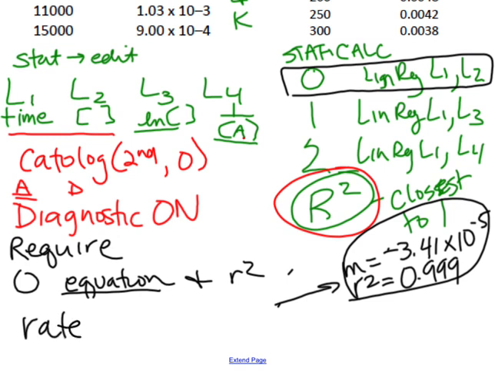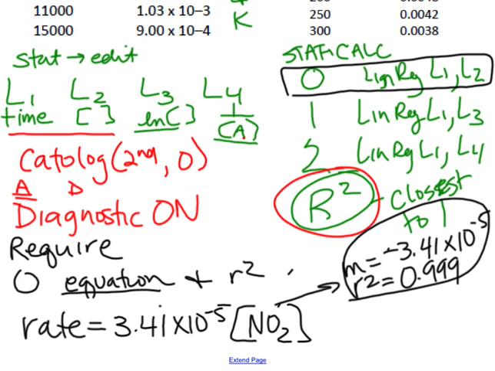So you would write rate is equal to K, and we have the K: the absolute value of the slope, 3.41 times 10 to the negative 5th, times the reactant. What was the reactant? NO2, and since we determined it's first order, you raise it to the first.